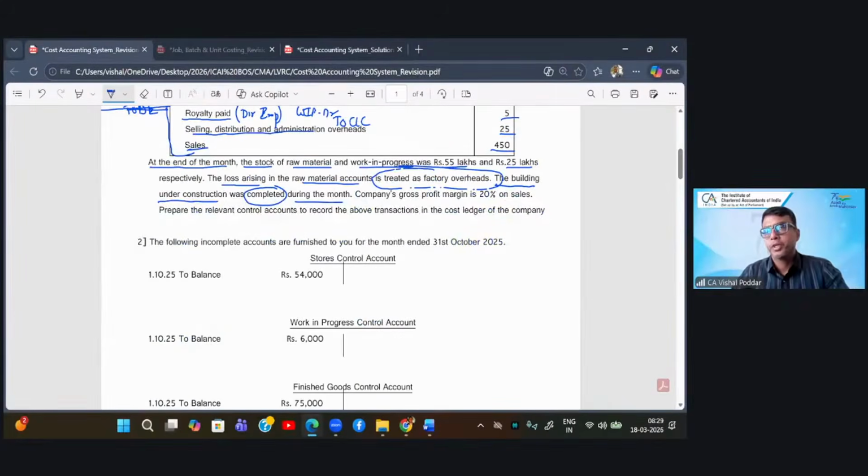Now something very special in this sum. They have given the gross profit margin. Now students, we have to understand that what do you get if you subtract the GP from sales? So you get the cost of the goods, correct? Since this is sales, when you subtract the GP, you will get the cost of goods sold.